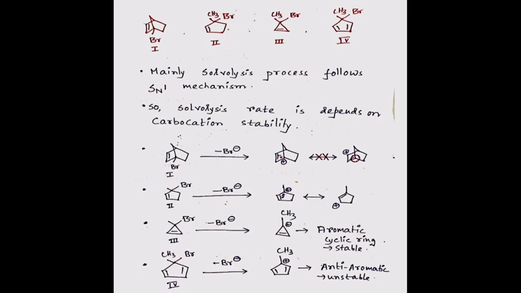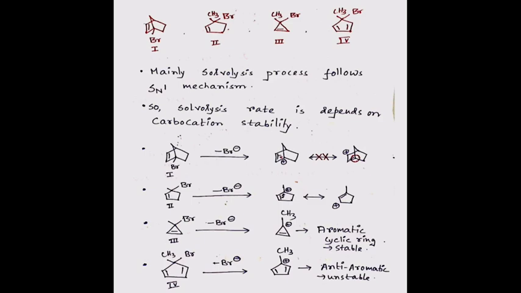So in this one, if you think about compound 1, compound 2, compound 3 and compound 4, we have to keep in mind that when a solvolysis reaction occurs, it mainly follows the SN1 mechanism.